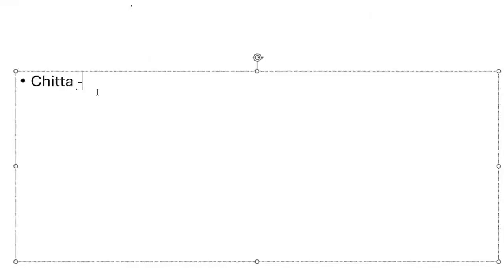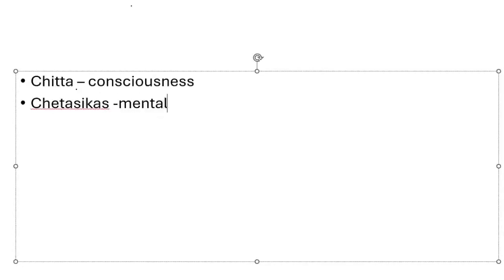chitta doesn't have any good or bad nature. It is there. It is consciousness. But in mental factors, chetasikas, we do have good mental factors and bad mental factors. So these mental factors give the taste of the mind.